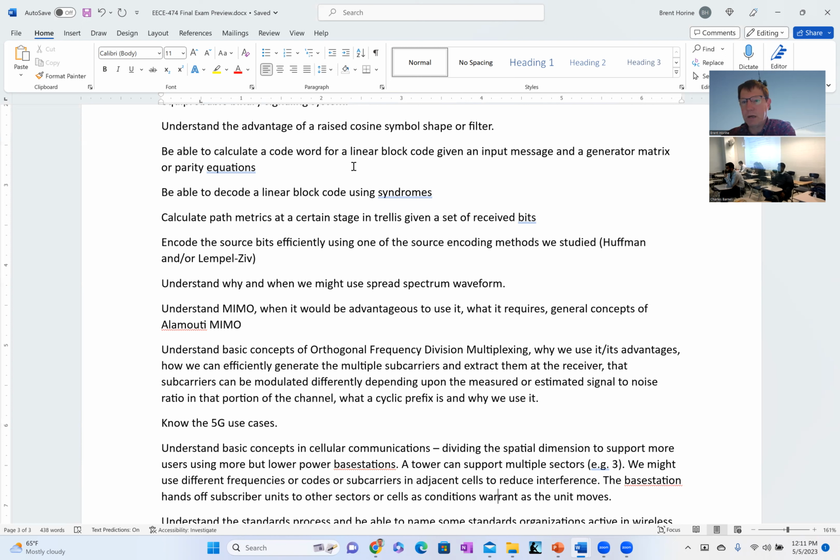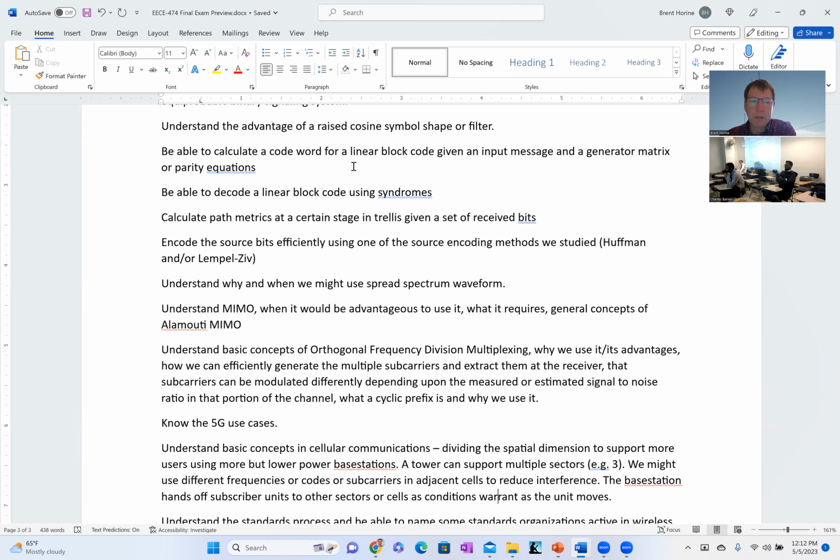So just be aware that yes, we use modulo 2 addition, and you're multiplying the input bits or message vector by the generator matrix, right? And so the vector goes on the left, the generator matrix goes on the right.